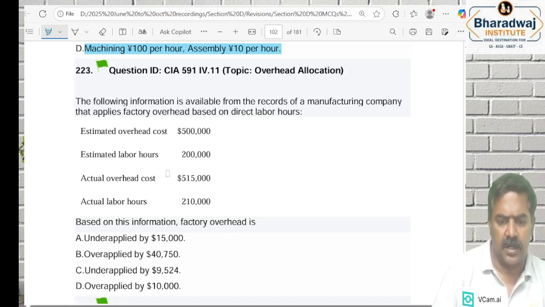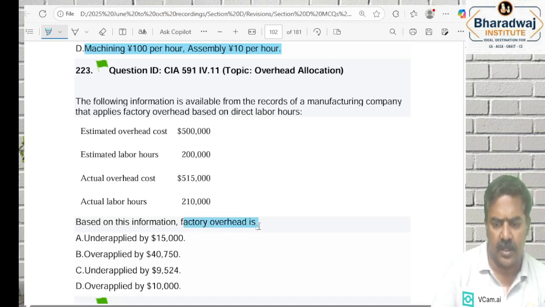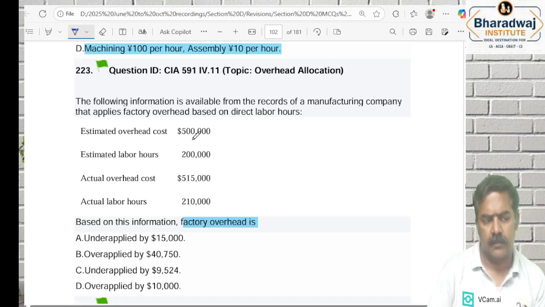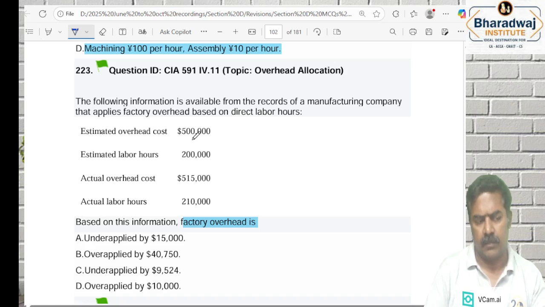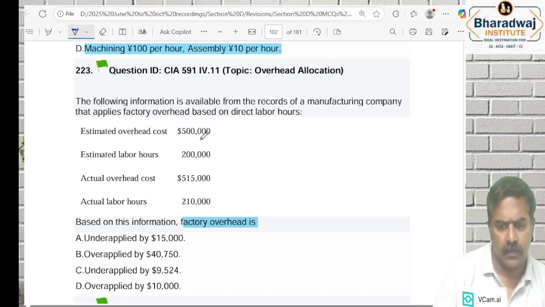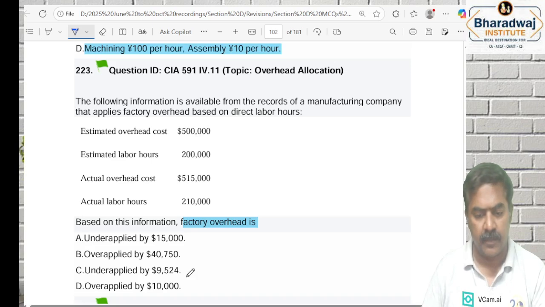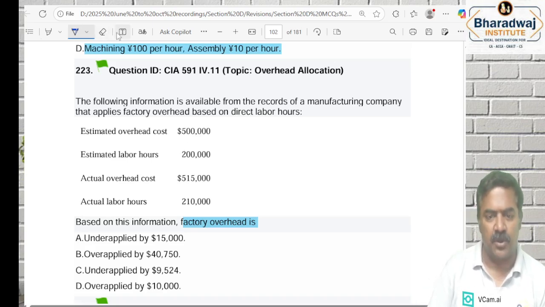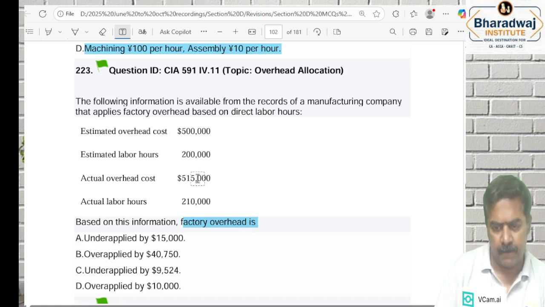Estimated cost, estimated labor hours, actual cost, actual hours is given. Based on this information, factory overheads is... Tell me how to work. 5 lakh divided by 2 lakh, 2.5.